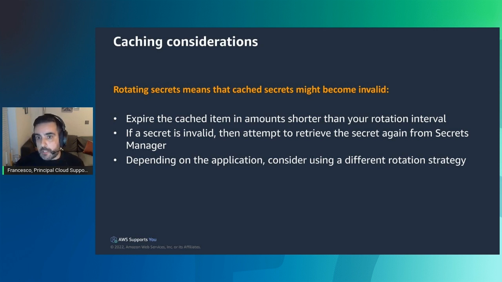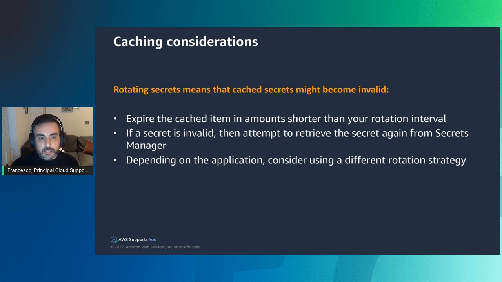The second thing that we can do is, if the secret is invalid, so let's say that we are now caching stale credentials and we attempt to connect to our database or our application, we might want to retry with a second attempt by retrieving the secrets from Secrets Manager directly. So basically having a fallback to retrieve fresher credentials.